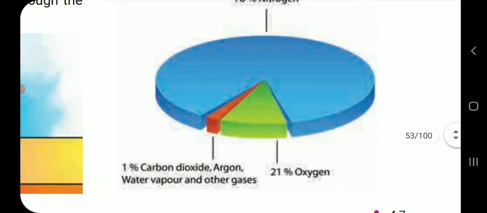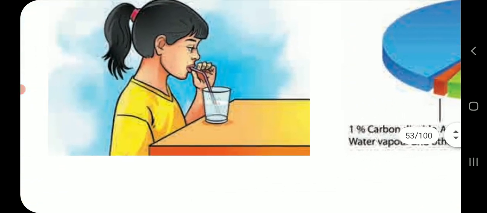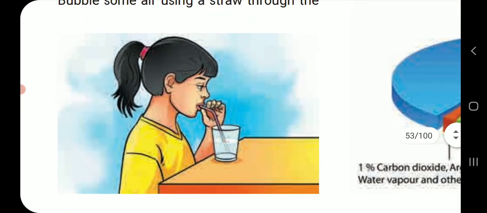So wherever we have air, 78% is nitrogen, 21% is oxygen, and 1% is carbon dioxide and others.